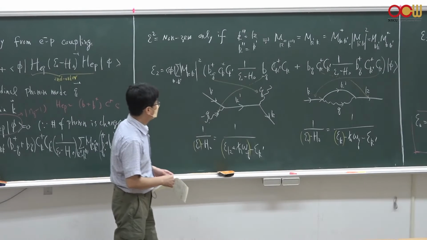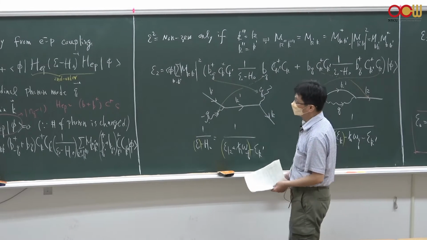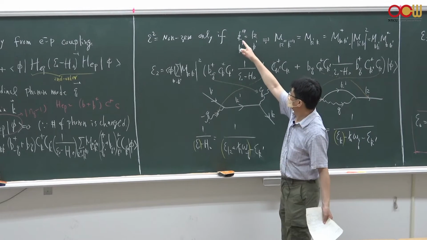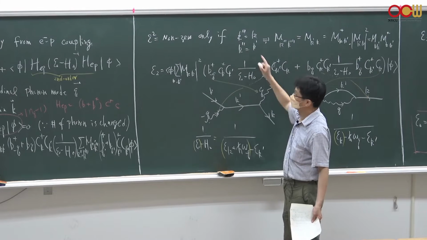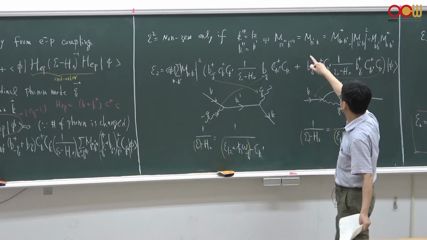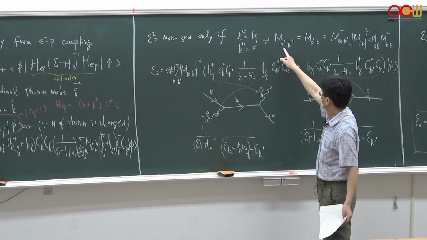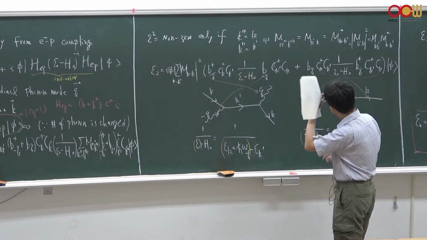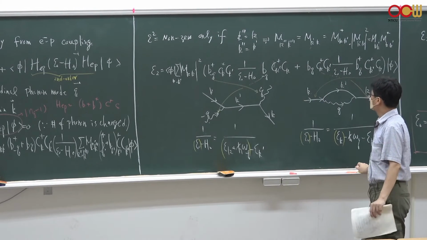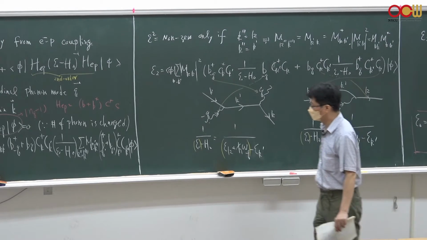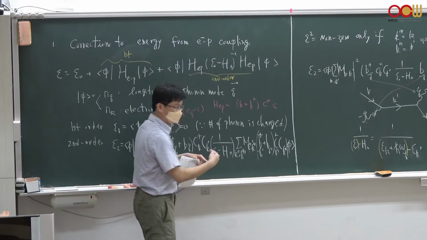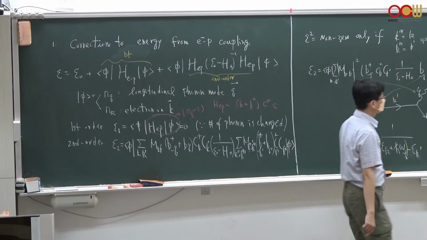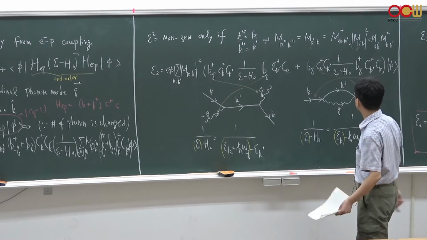We know that the non-zero contributions occur only if we have the right symmetry, where k triple prime is the same as k, and k double prime is the same as k prime, so that the matrix element M_{k'' k'''} is the same as M_{k'k}, which is M dagger_{kk'}. Therefore the matrix elements on the right and the left can be combined together to form the magnitude square of M_{kk'}.